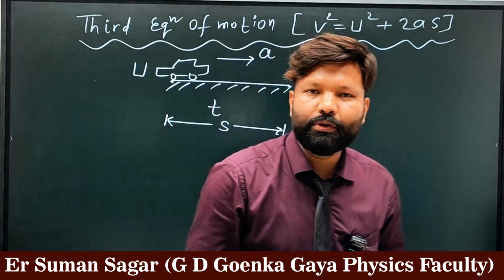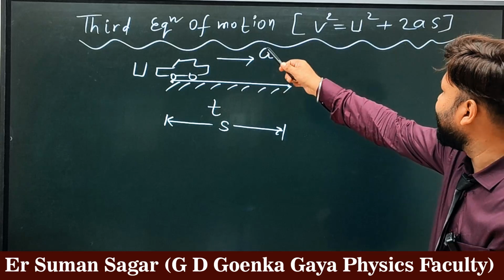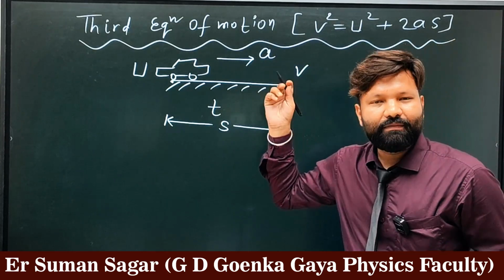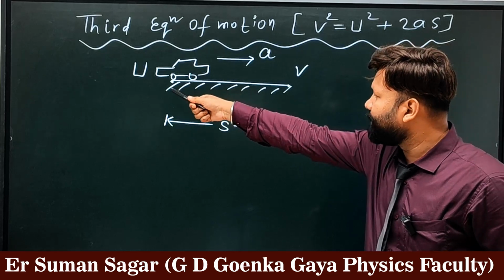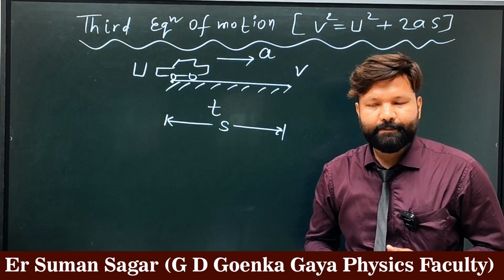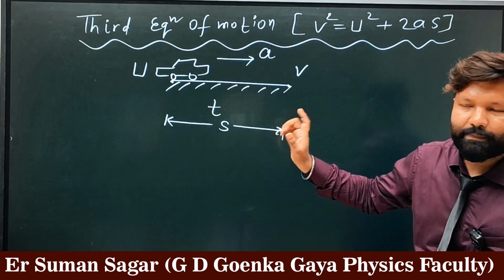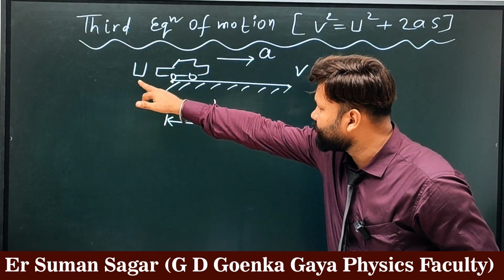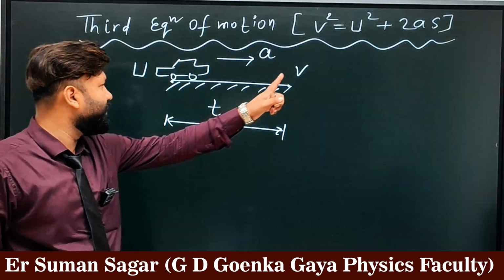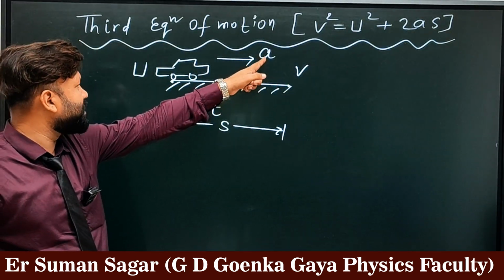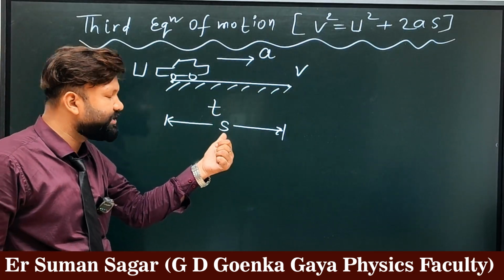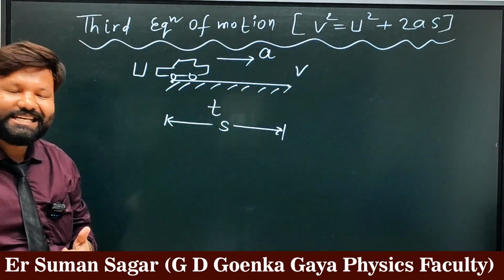When you are writing in the note copy, students, you have to give the heading of this, and after writing the heading, you have to draw this diagram. Now after the drawing, you have to write the language. Suppose a car moving with initial velocity u, after time t, final velocity of the car becomes v, moving with an uniform acceleration a. Car cover a distance s in time t.